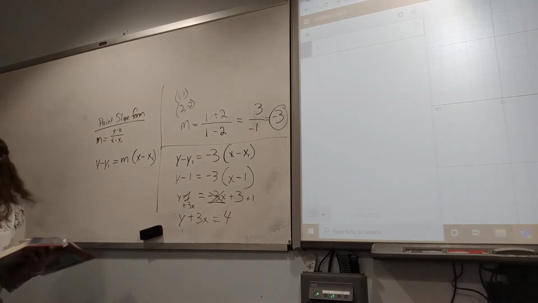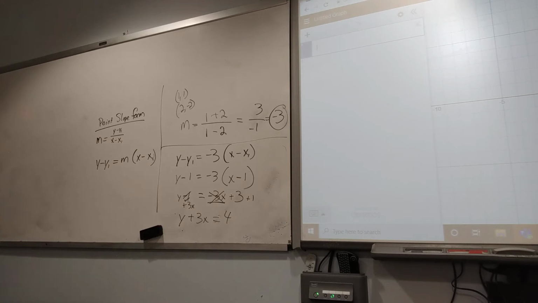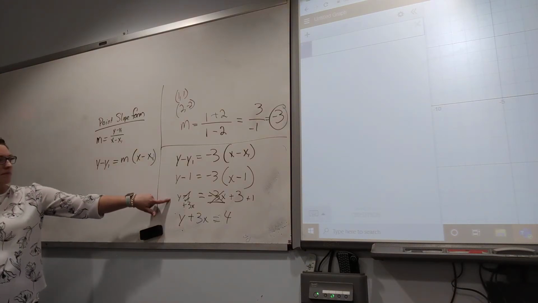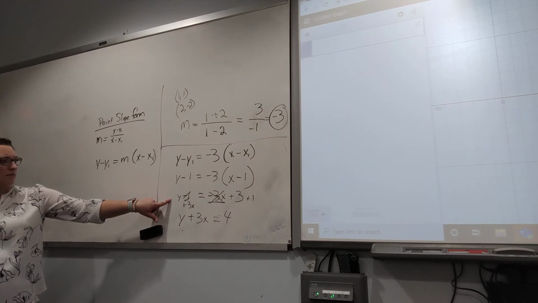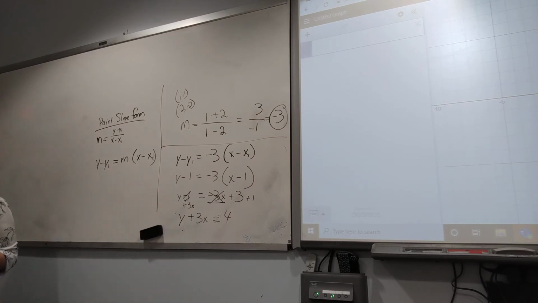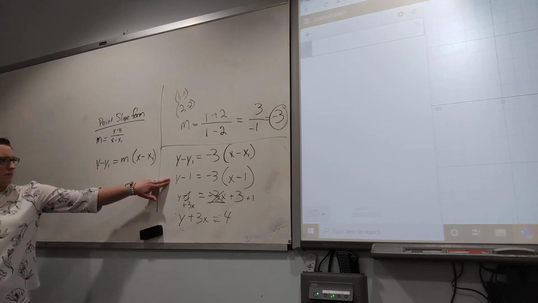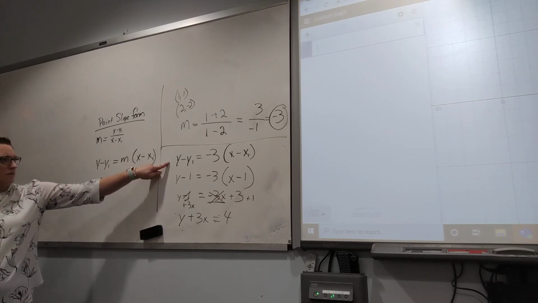Wait, I have a question. Where did we get this equation? Y minus 1 equals negative 3x plus 3. The one at the bottom? Yeah, because we did it differently. We did the equation y minus y1 equals m, open parentheses, x minus x1, close parentheses.